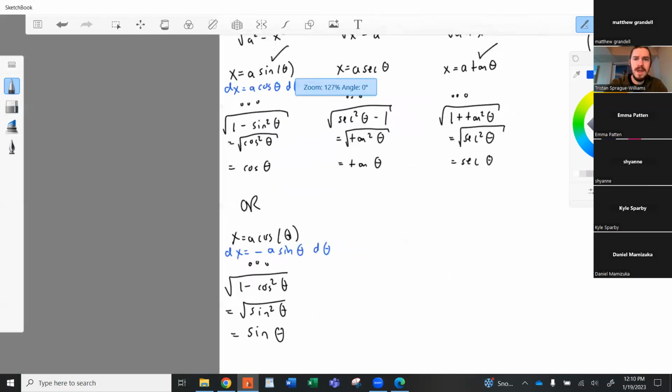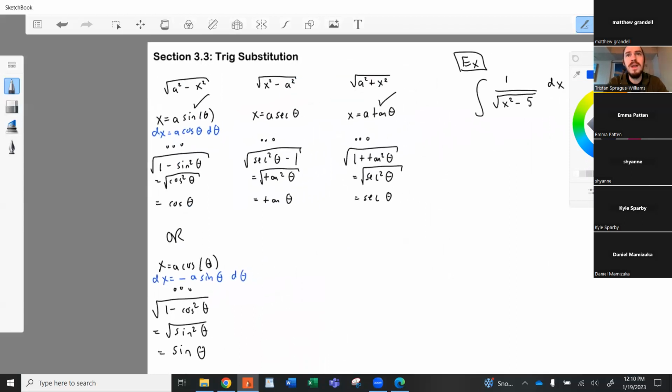So if all else is equal, but one of them has a negative sign and the other one doesn't, you might as well use the one that doesn't have a negative sign in it. That's why we tend to use sine theta. That's literally the only reason. It's just because then we don't have to deal with an extra negative sign.